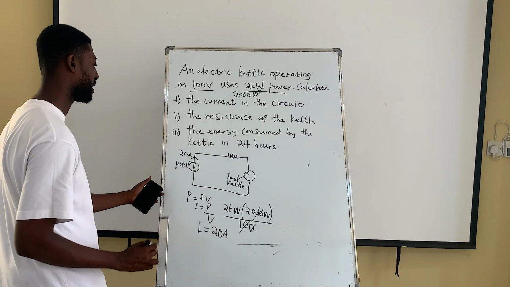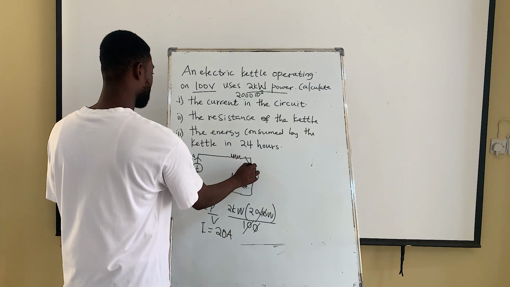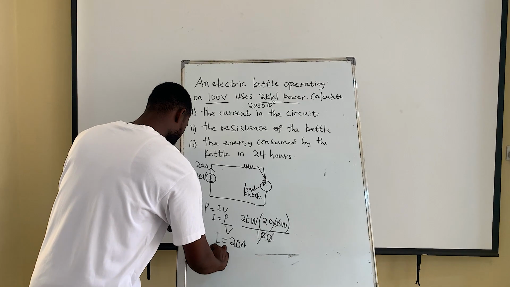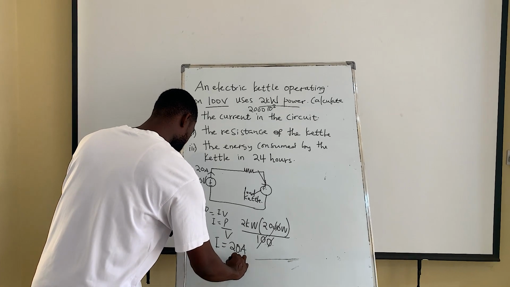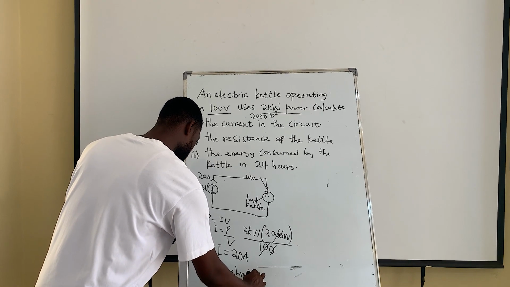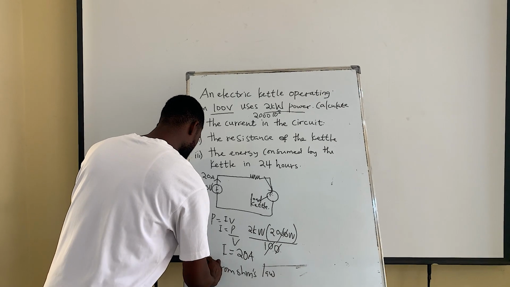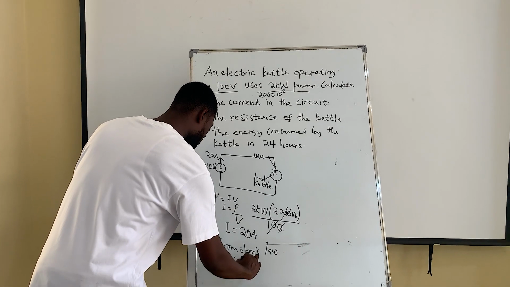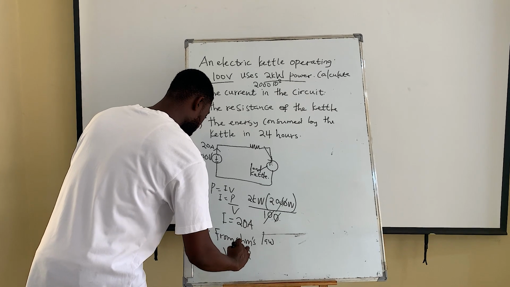Now what is the resistance of the kettle? We want to calculate what? The resistance of this kettle. Then from Ohm's law, V is equal to IR.